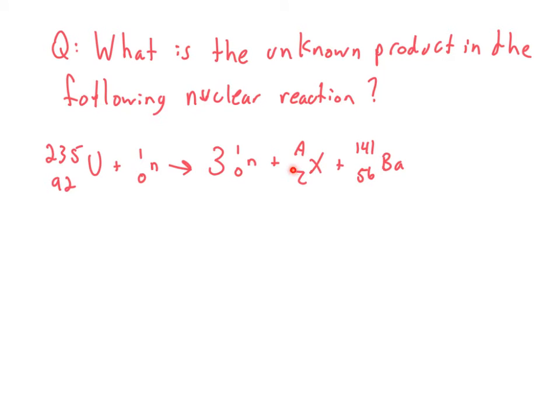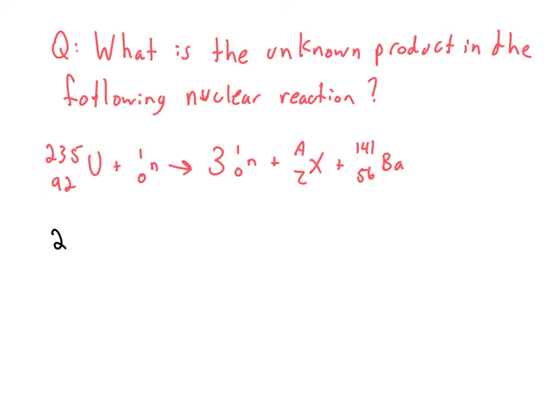So then our question is, how do we figure out this unknown? What is this uranium-235 going to decay into? This is no different, guys, than your alpha and beta radiation questions. You still work with the numbers that are given to you.